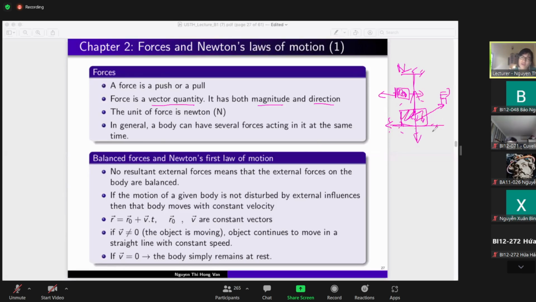So when many forces act like this, we have the resultant external force. External force means it's a force outside the body itself acting on it. For example, you have the gravitational force here. So the resultant means you make the sum.